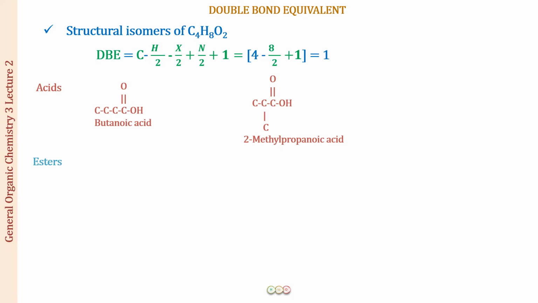My way of drawing these 4 esters is that I have 4 carbons. I will be starting with the derivative of a 1 carbon acid. 1 carbon acid is going to be HCOOH, right? That is methanoic acid. So a derivative of methanoic acid, where we are going to complete the number of carbons to 4.